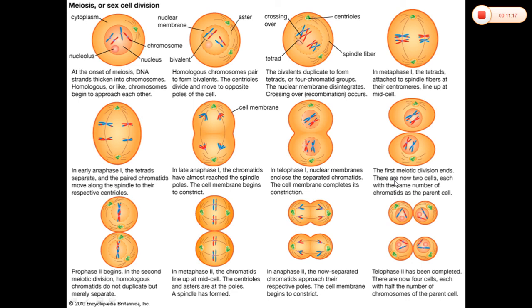And the first meiotic division ends. There are just two new cells, each with the same number of chromatids as the parent. So this is the end of meiosis 1.